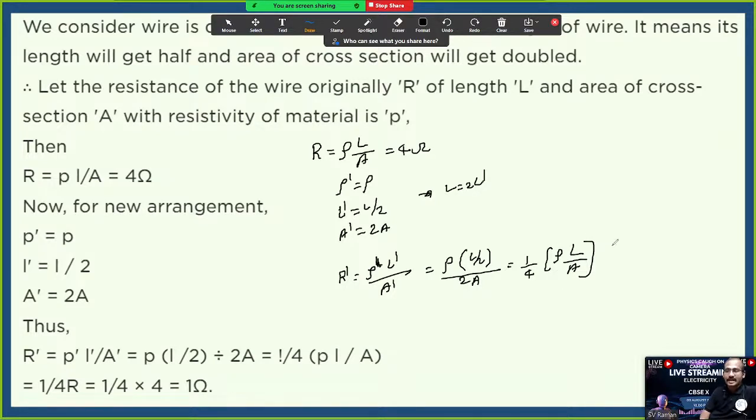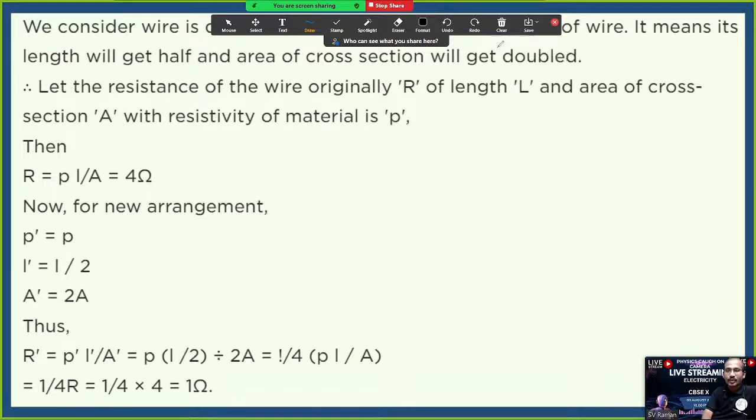That is R. What R value have they given? 4, so 1 ohm is the right answer. Clear? 1 ohm is the right answer. This is the way we need to solve this question.